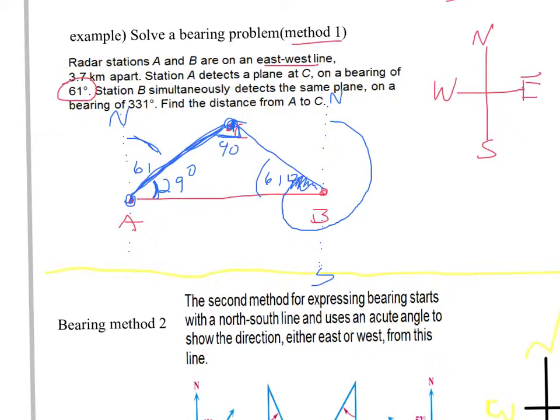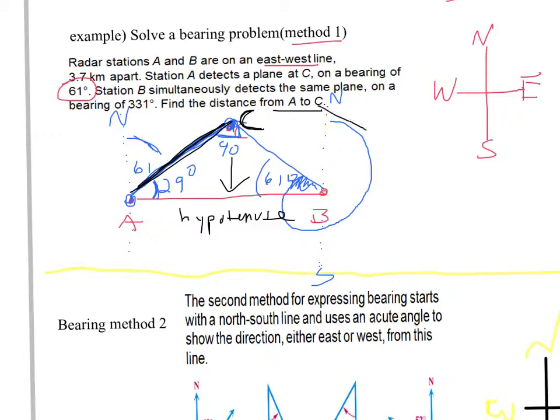Now there's other things you know. You know the piece across from the 90-degree angle is the hypotenuse. All right. And now in the end, it says we want to find the distance from A to C. Okay? So here's C. We want to find this distance right here.